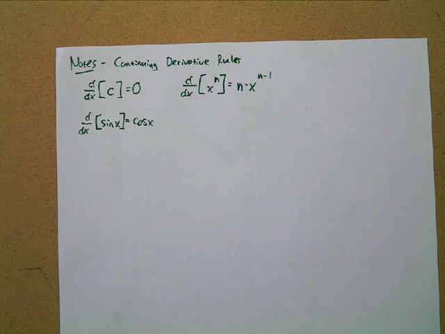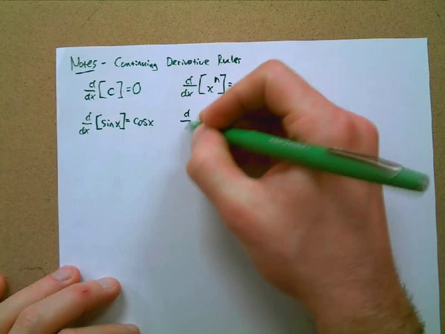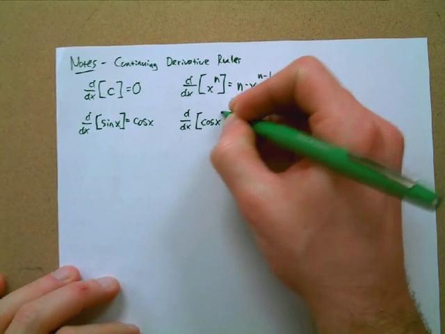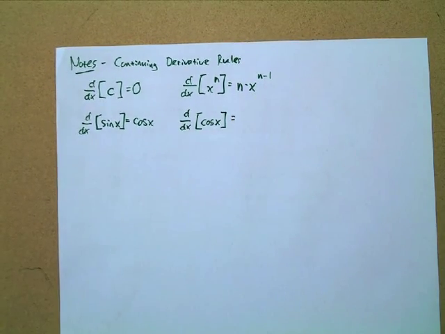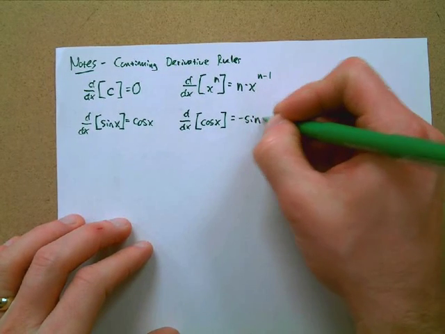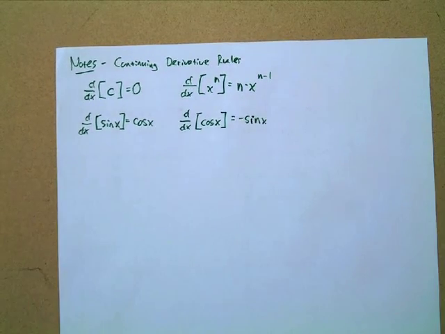All right. The derivative of cosine, not sine, is negative sine of x.